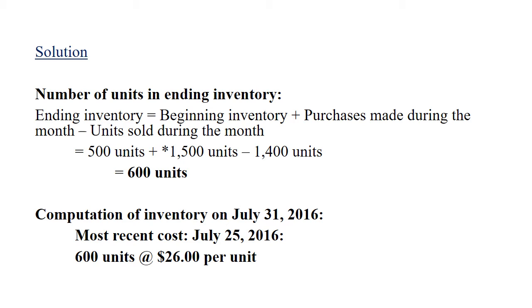As per the FIFO method, the concept is based on the first lot being taken away or issued and then the next lot. So here the first lot is 800 units and next is 700 units, which comes to a total of 1500. Already we have a balance of the beginning inventory, that is 500.